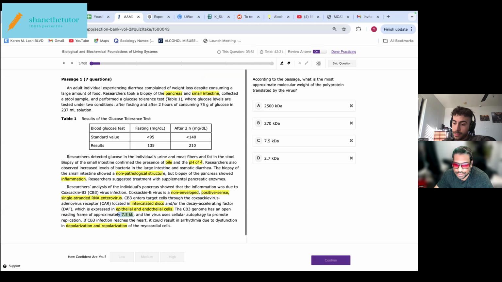I'm going to write 7.5 E3 bases instead of KB, and for three bases you get one amino acid, and for each amino acid you get 110 Daltons. 110 Daltons is 0.1 kilodaltons, so I'll write that as 1E minus 1 kilodaltons.